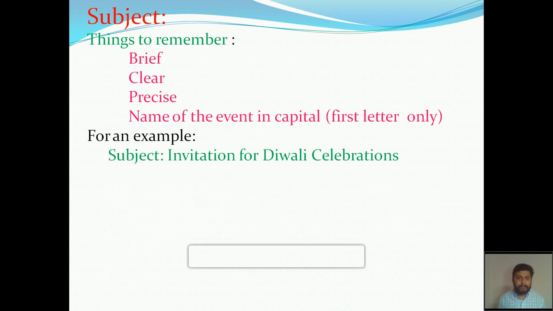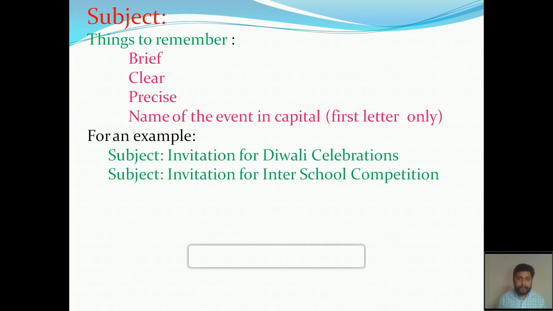For example, subject: Invitation for Diwali Celebrations. Again, Invitation for Inter-School Competition. So see, what is the speciality here? In Invitation for Diwali Celebration, I, D and C are in capital, and it is very brief, very clear and precise. Now let's move to the next one, that is salutation.